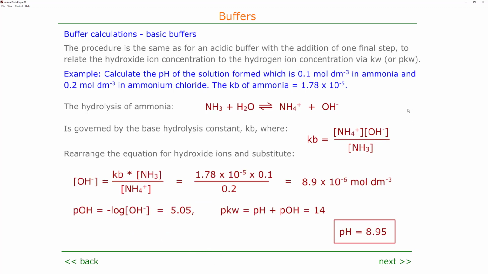It's exactly the same with basic buffers, except in this case we work through Kb. The Kb equation is the conjugate acid, the ammonium ions, multiplied by OH minus, divided by the base, the weak base. And again we rearrange this to give OH minus, etc. You can pause the video, you can have a look through the calculation. I'm not going to work through the calculation with you, it's exactly the same.